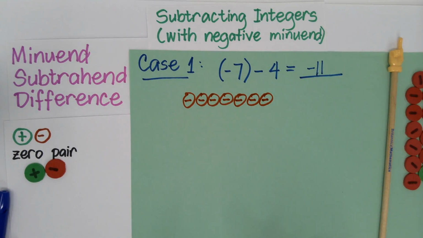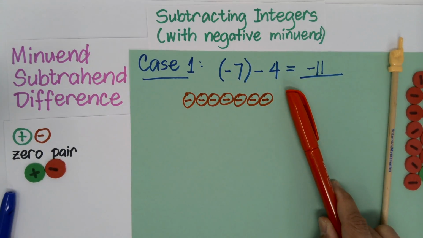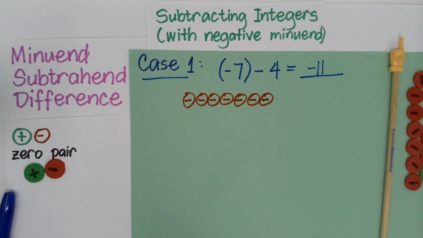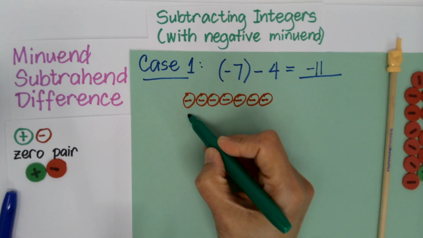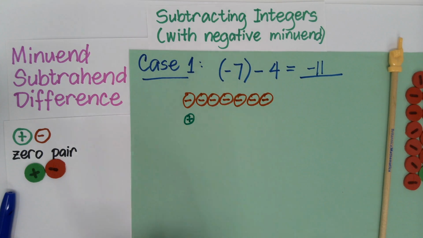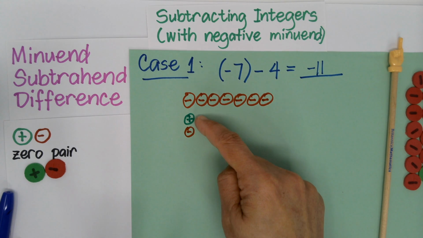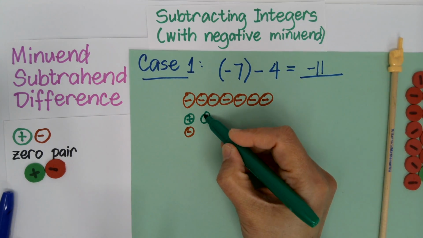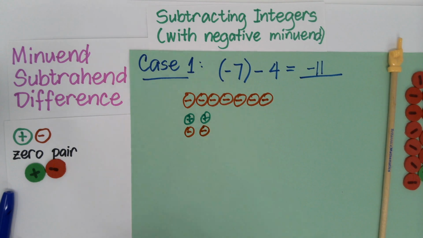Okay, and so we need to bring in 4 positive discs by putting in 4 zero pairs. So this is positive and we have a negative. That's 1 zero pair. That's another zero pair.